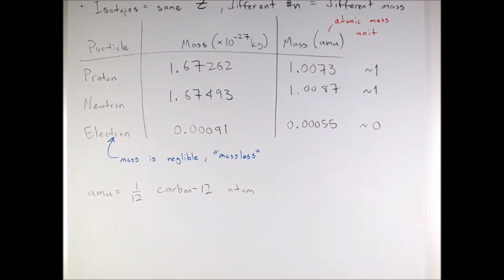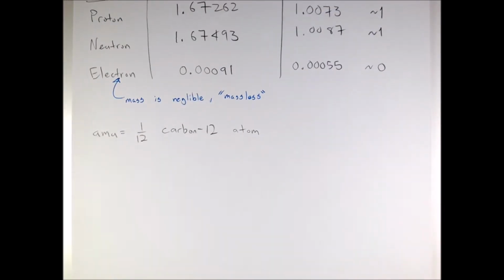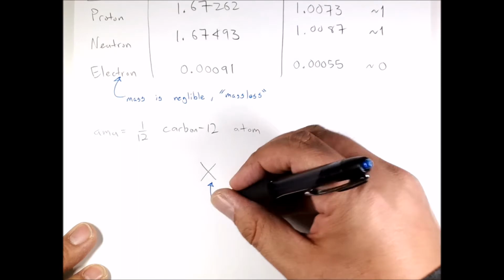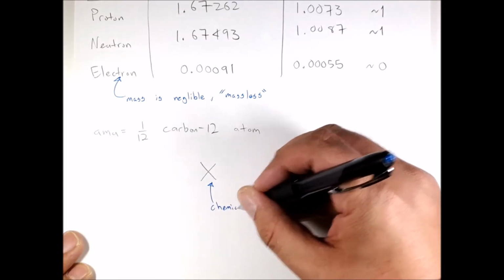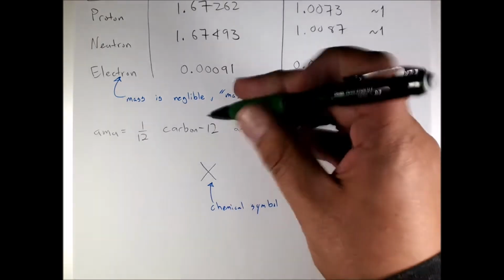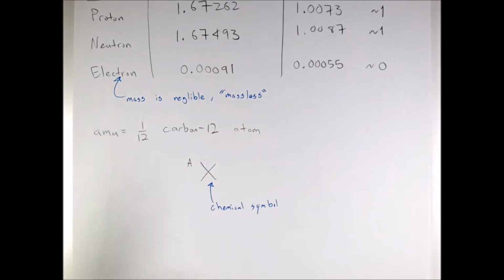All right, what the heck does that carbon-12 mean? So the general way that we write our formulas, if we're talking about isotopes, is we will have our element symbol. So here we have our chemical symbol. Up here we will have the letter A. That is our mass number.